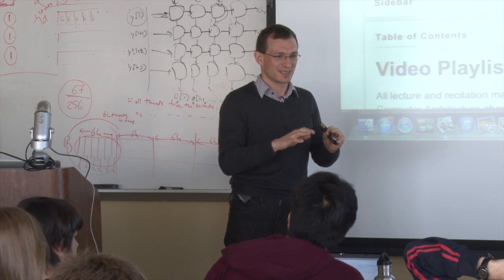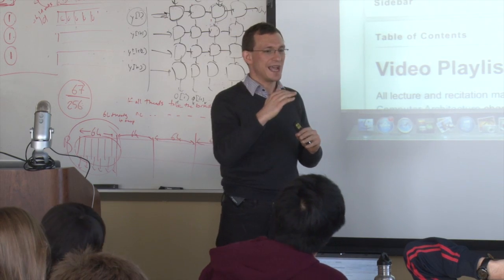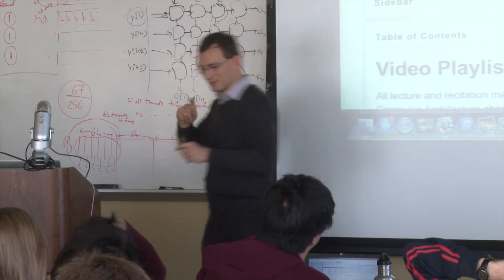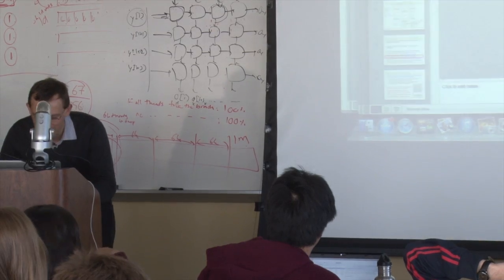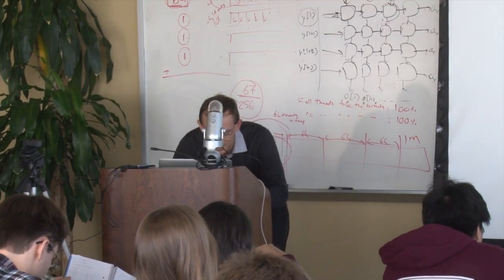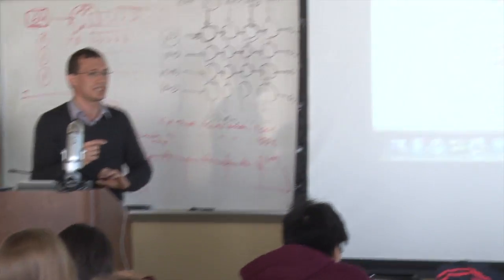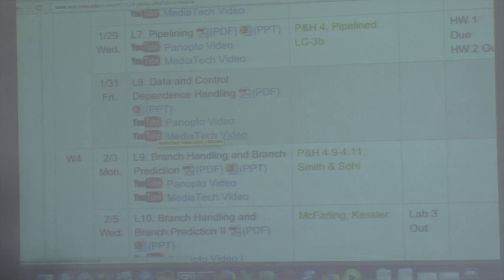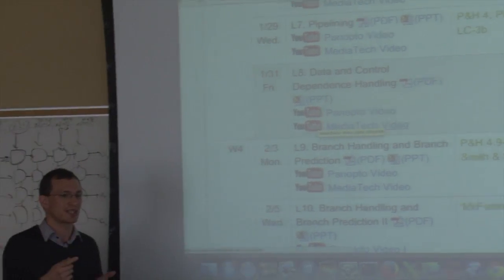Does that make sense? Yes. I don't think I have an example on that slide, but that's the main benefit. If you checkpoint, you don't need to wait for the branch to be the oldest instruction when fetching new instructions.